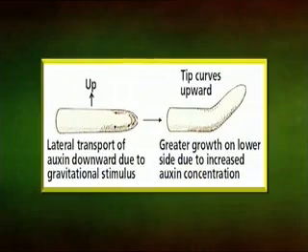Auxins are also involved in the formation of compression wood. The tilted stems show a higher concentration of auxins on the lower sides, which is correlated with the development of compression wood at those sites.